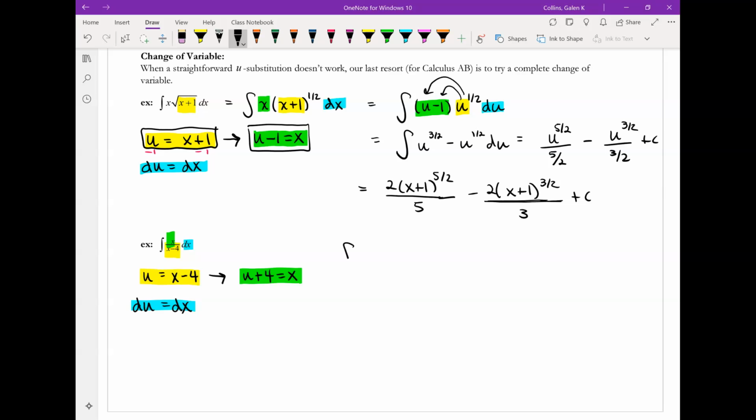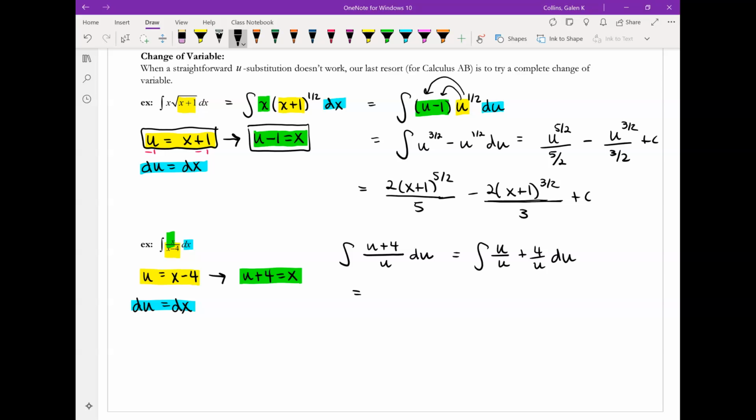So when we rewrite using the substitution, the numerator is now u plus 4. The denominator is now u. And we're multiplying by du. So the reason this helps us is now we could break up our integrand to be u over u plus 4 over u.